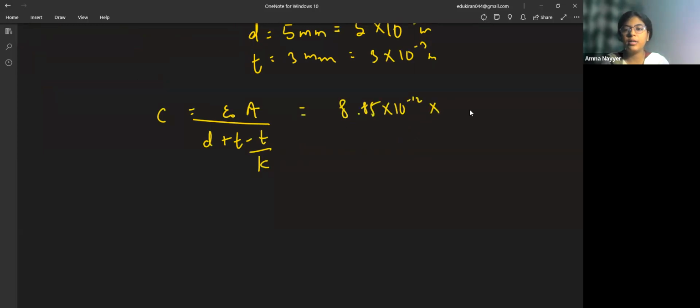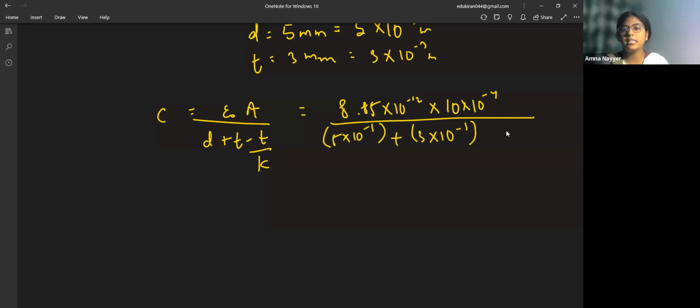Area is 10 into 10 to the power minus 4. D is 5 into 10 to the power minus 3. Plus T is 3 into 10 to the power minus 3. Minus T is 3 into 10 to the power minus 3. What was the dielectric constant?